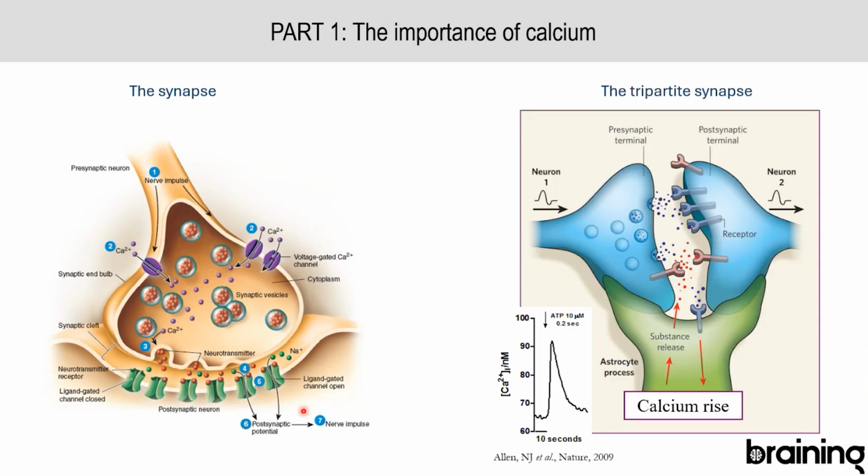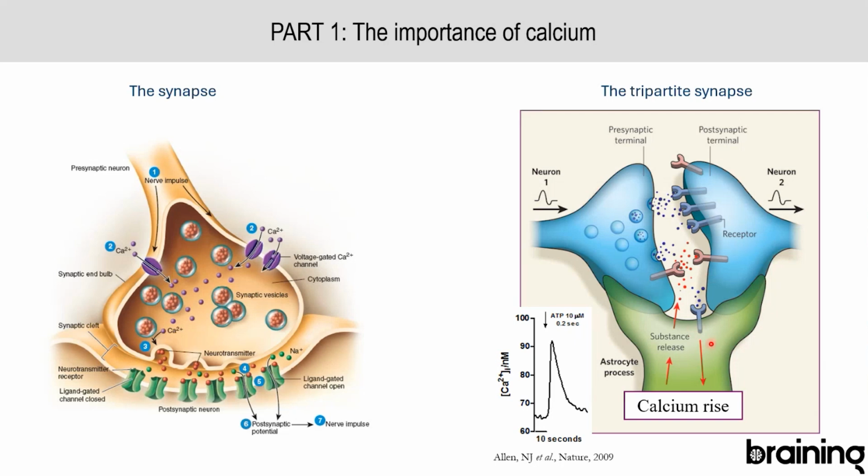In recent years, the tripartite synapse has been proposed. It was considered that the presynaptic terminal does not communicate only with the postsynaptic terminal. There is a third component, which are the astrocytes. When the neurotransmitters are released, they can also activate specific receptors that are expressed in the membrane of astrocytes.